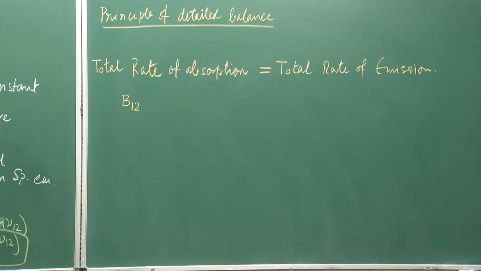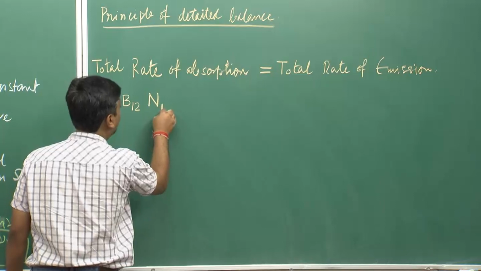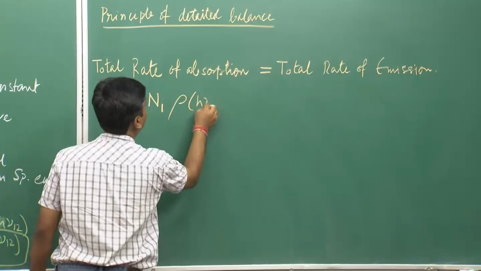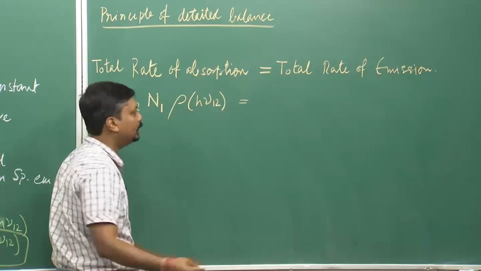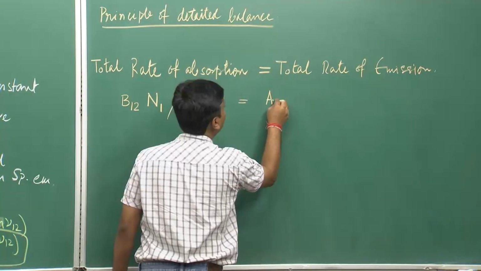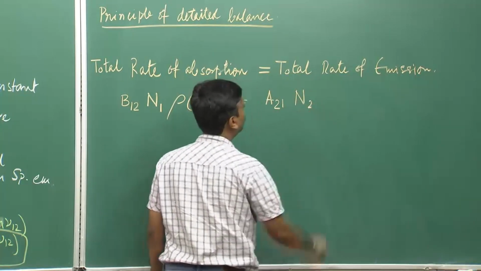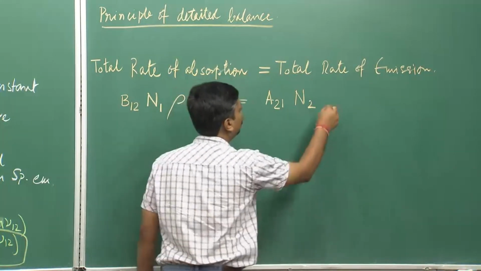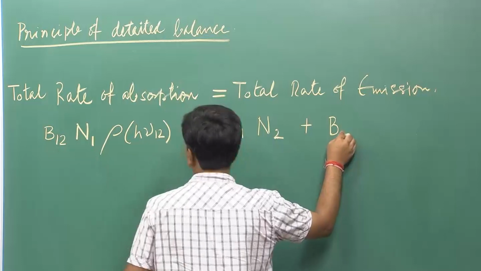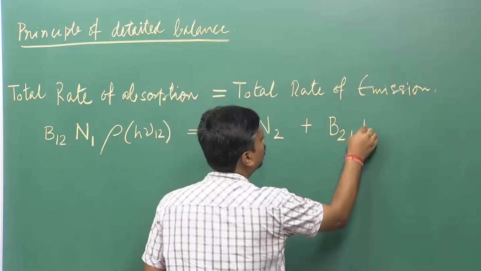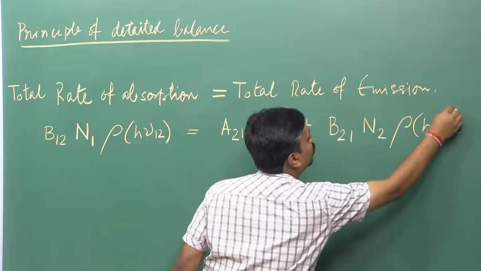If you recall in the last class, we have N1 multiplied by rho h nu 12, is equal to the rate of spontaneous emission, that is A21 multiplied by N2, plus the rate of stimulated emission that we just now got, that is B21 N2 multiplied by rho h nu 12.